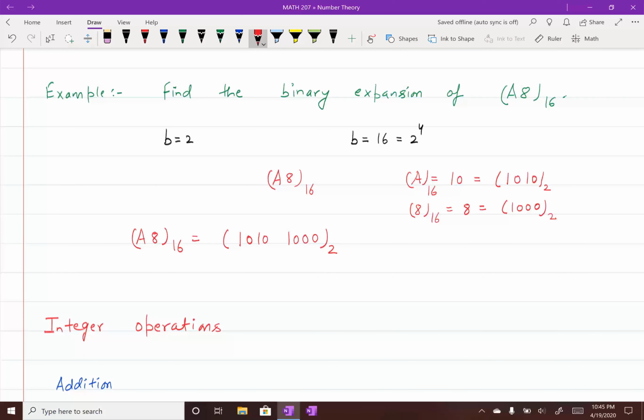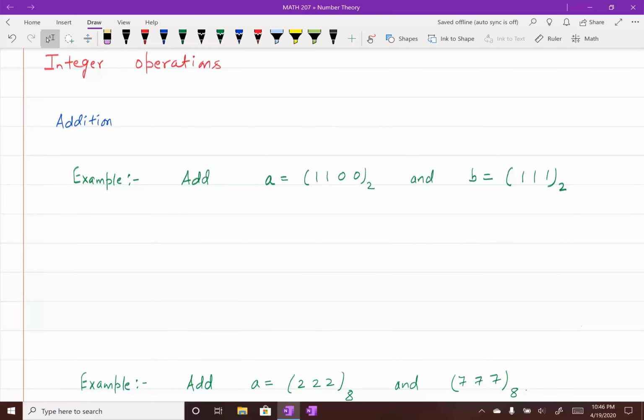So if you make a group of 4, you can convert a hexadecimal expansion to the binary expansion, and if you do the totally opposite, you can convert a binary expansion to a hexadecimal expansion. With respect to this base b expansion of integers, you can do 2 operations.